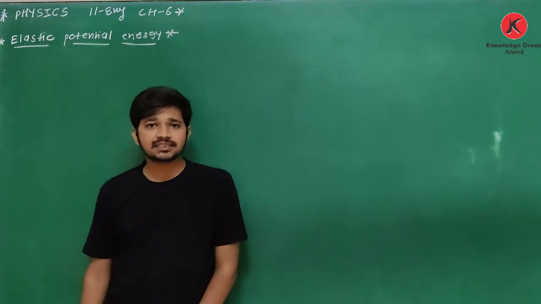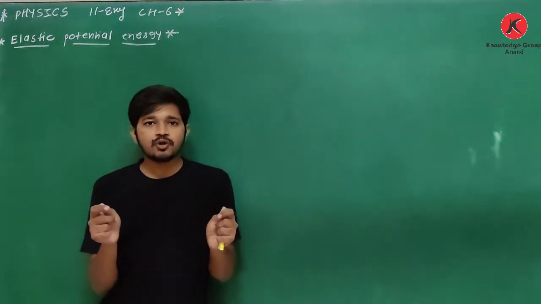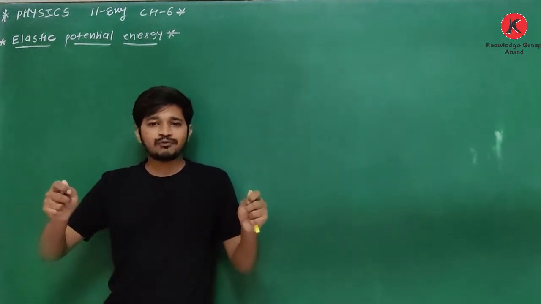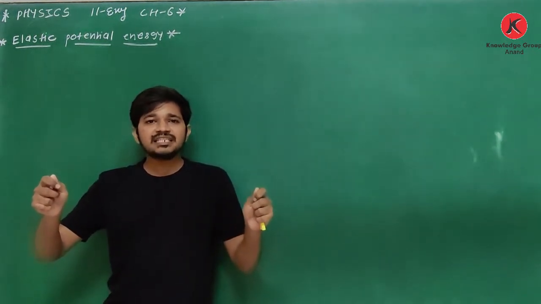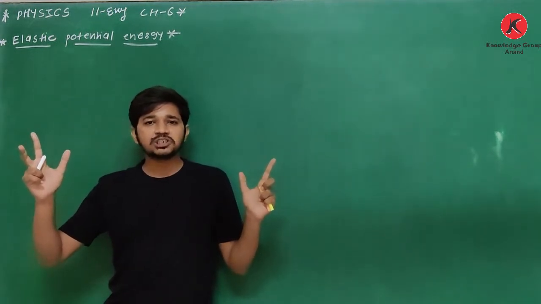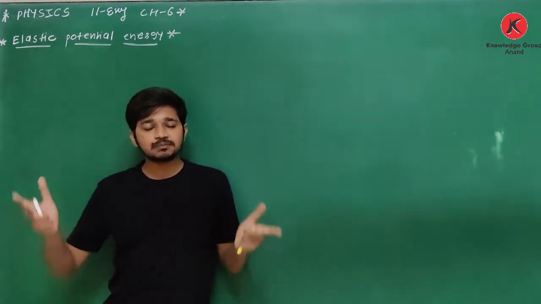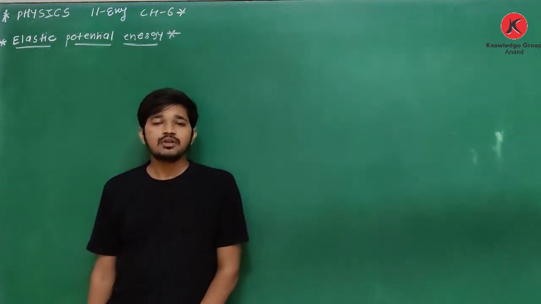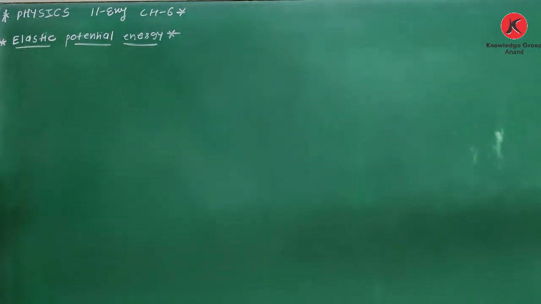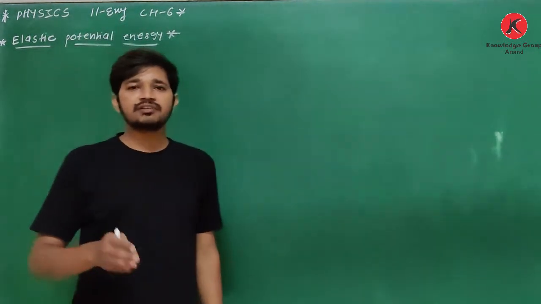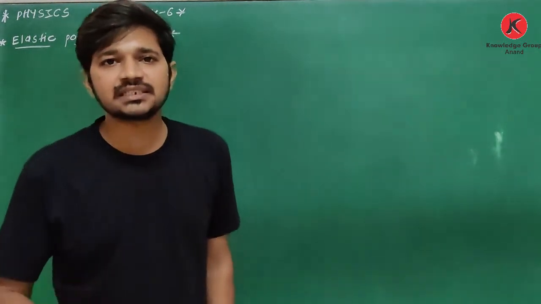If you have a rubber band and you stretch it by applying force, and then you release that force, it will regain its original shape and size. So that rubber is an elastic object. What is elasticity? Elasticity is the property of an object due to which it will regain its original shape and size.